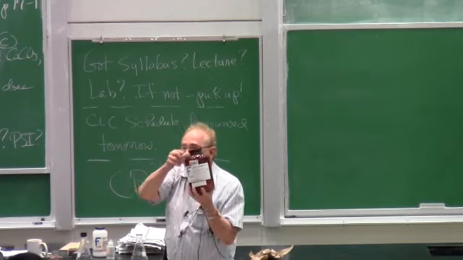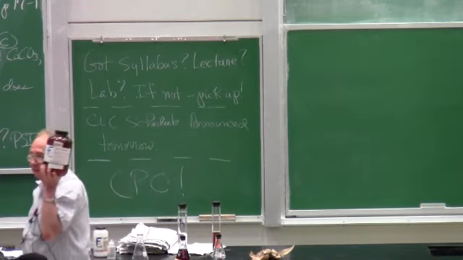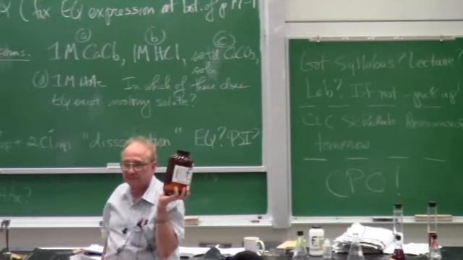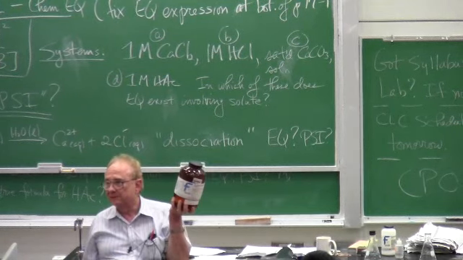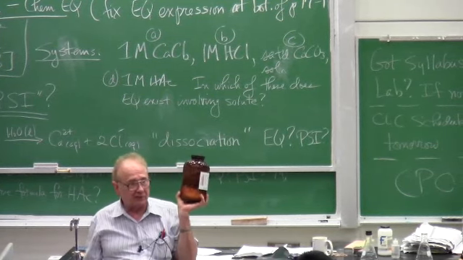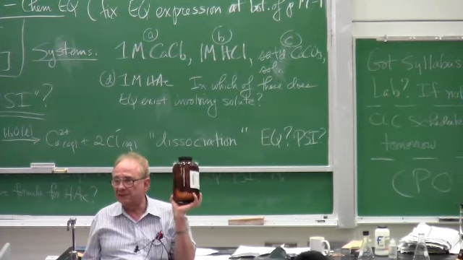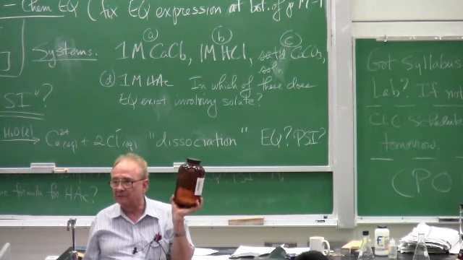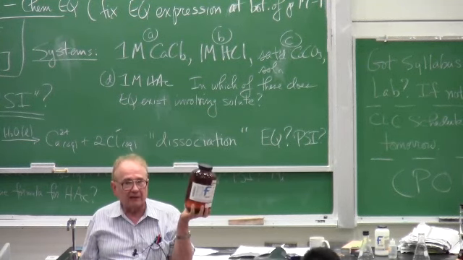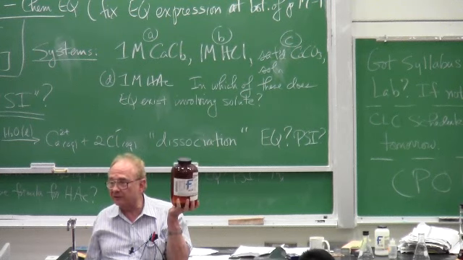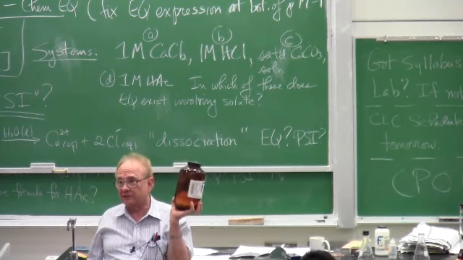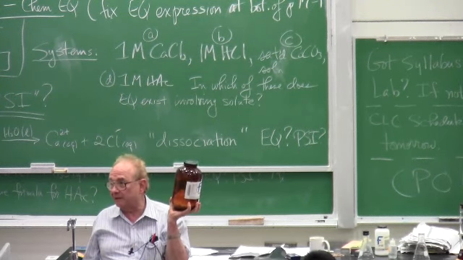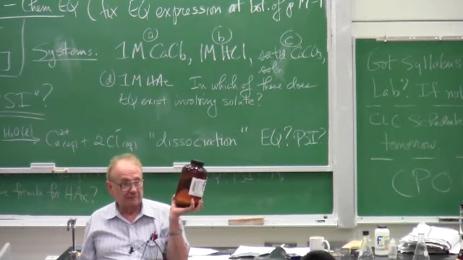This is reagent grade calcium carbonate. You familiar with calcium carbonate? Principal component of eggshells, many crustacean shells. Calcium carbonate is not particularly soluble in water. You ever cook eggs by hard boiling eggs? You see the shell dissolve? If you hard boil your eggs in acetic acid solution, you'll see the shells dissolve. I don't know that I'd want to eat the eggs then, but you'll see the shells dissolve.